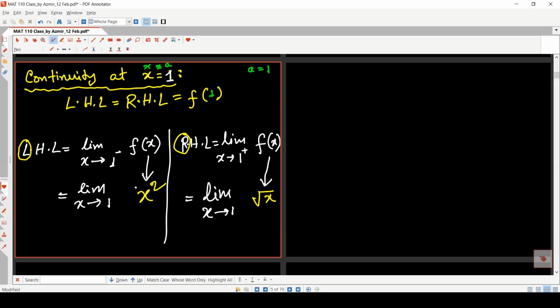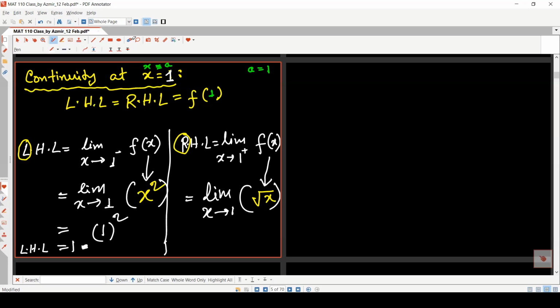So once we have identified which function is leftward and which function is rightward, then we don't need to use minus and plus signs. So we can skip that. Now we can input the value of x. So x squared. In the place of x, we are plugging 1. 1 squared is 1. So 1 is a finite value. That means the limit exists. So the left-hand limit exists.